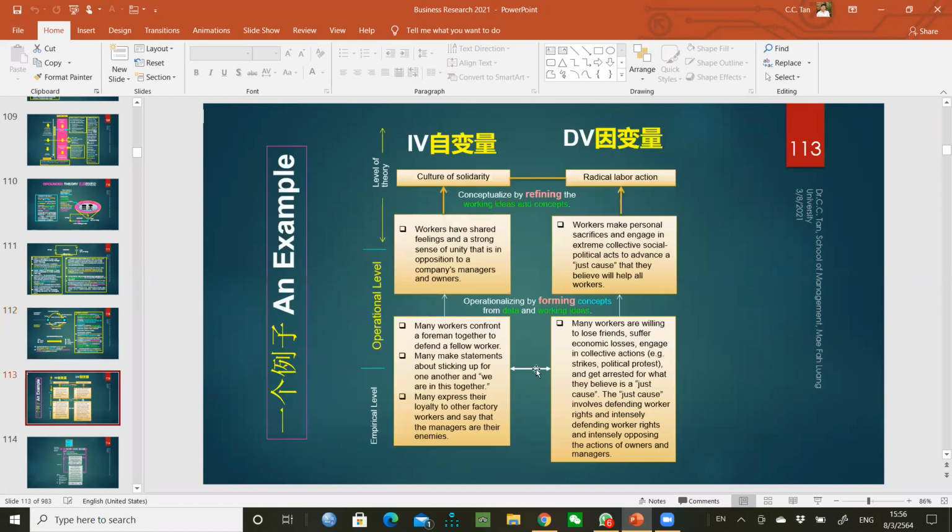And so, as an example of data to theory in qualitative research, you can observe data and interviews, and these are the empirical observations that you found. For example, we find that many workers confront a poor manager together, in a collective sense.